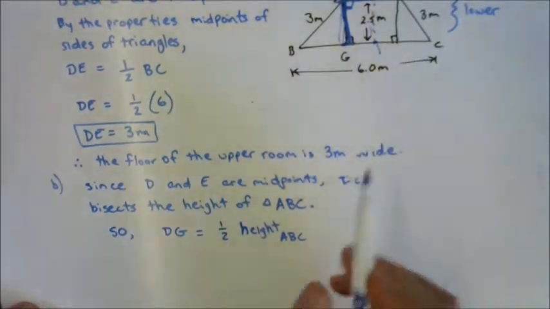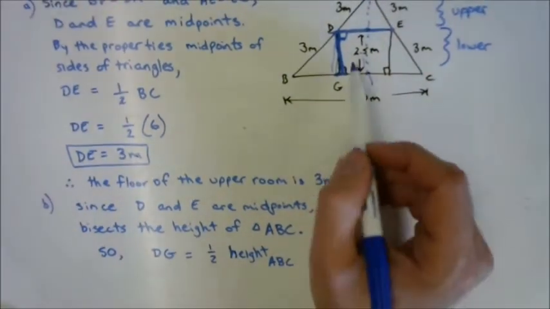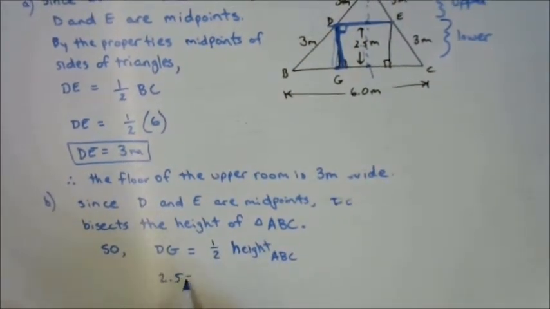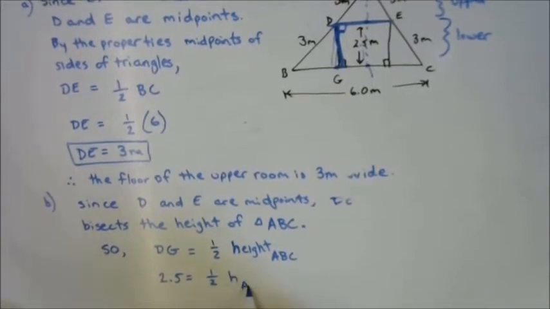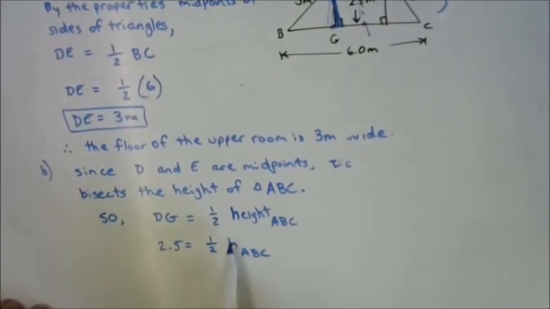Got it. Okay? So now all we have to do is sub in the things that we know. DG is 2.5 meters. And that's half. I'm just going to use H of ABC. And now in order to get the height of the triangle ABC, this is a bit tricky for you, but what do we have to do? Right now it's being multiplied by a half. So we need to divide it by a half. Not divide it by 2. Okay, we need to divide it by 0.5.